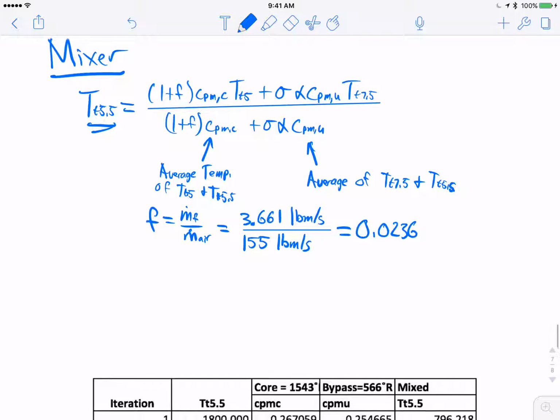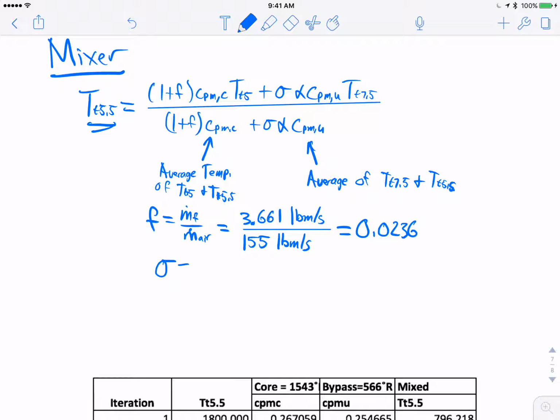And the other parameter we don't yet have is our duct split ratio sigma, which, remember, is defined as the bypass mass flow rate over the bypass mass flow rate plus the mass flow through the exit nozzle, m dot 9, being the bypass fan nozzle.